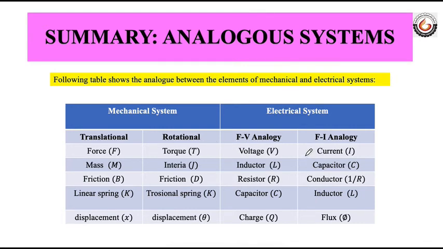This table summarizes the analogy between various elements: mass, inductor, capacitor, and the basic system variables, displacement, angular displacement theta, charge, and flux. So this is basically a table which gives us the analogy between elements of mechanical and electrical systems.